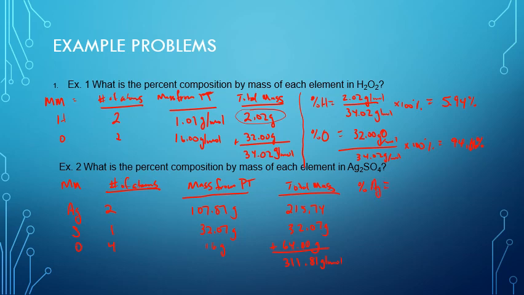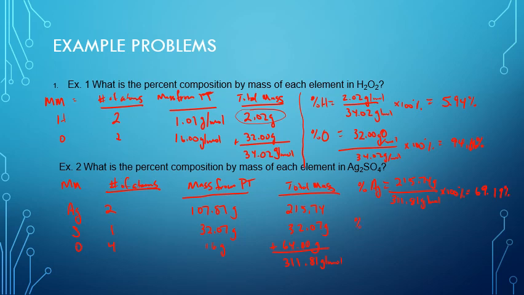In this case, notice here we're finding the mass percentage of each element. So for silver, I'd have 215.74 divided by the 311.81 for our grams per mole, multiply by 100%, and we will have 69.19% silver.